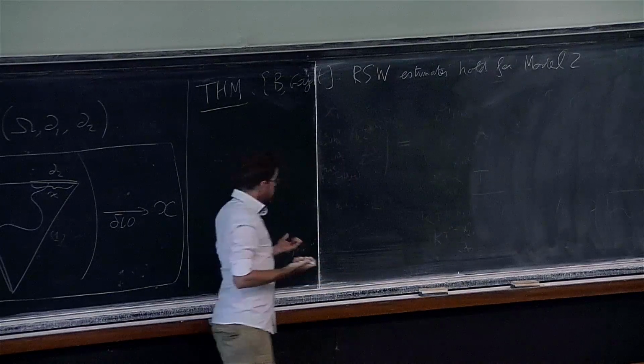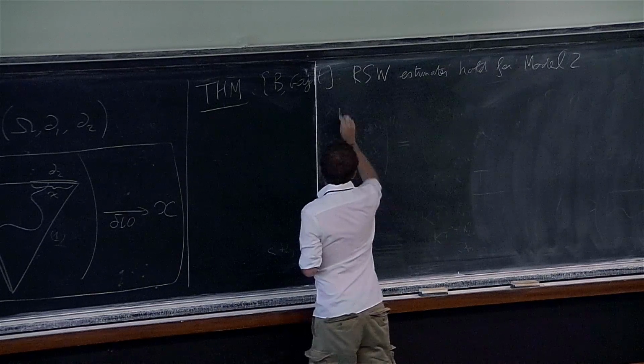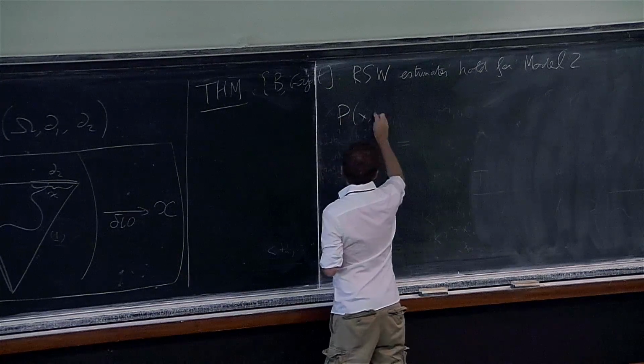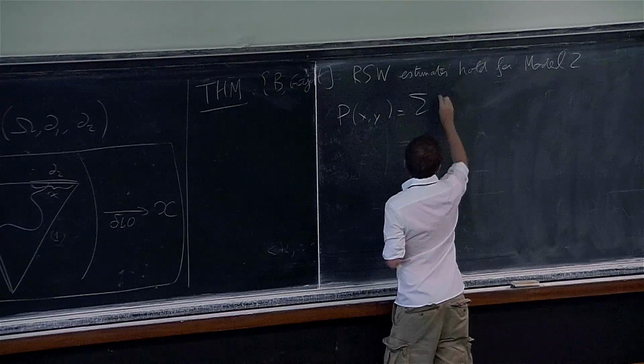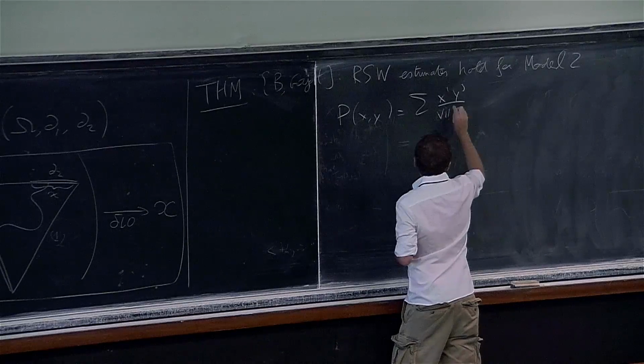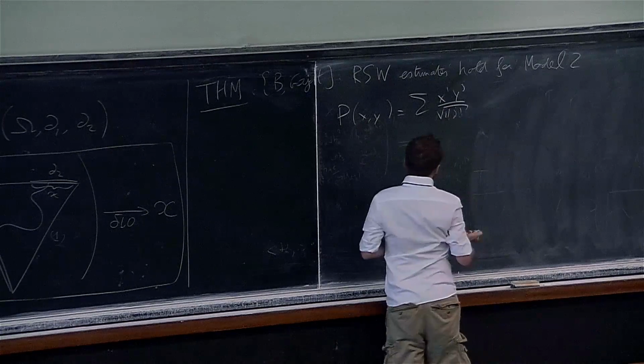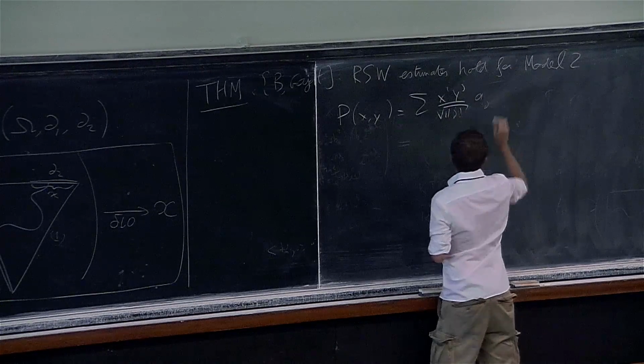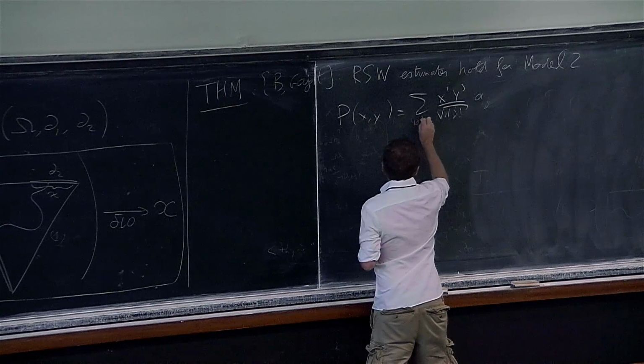So more formally, if you take P of x, y, which is this sum of x to the i, y to the j over square root of i! j! times a_ij, a_ij positive.